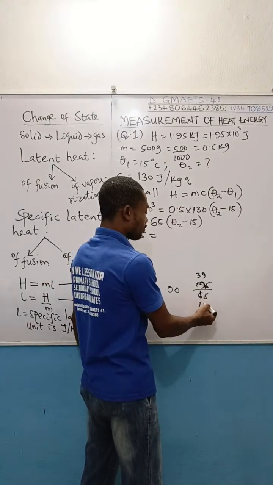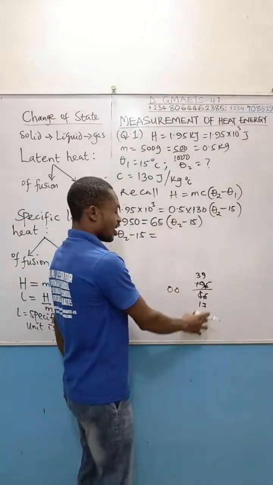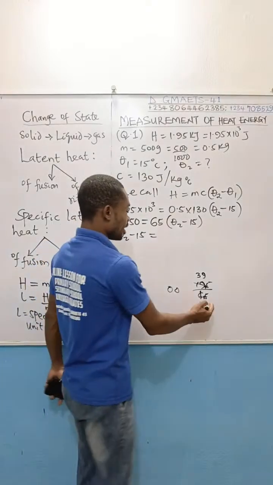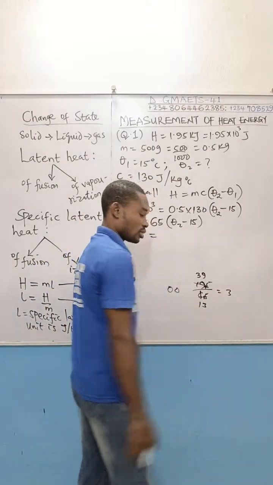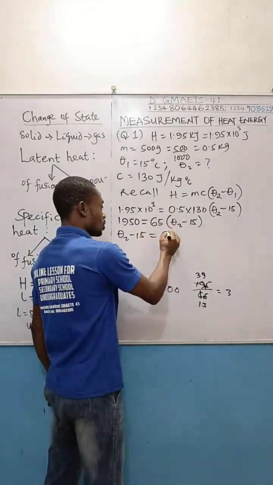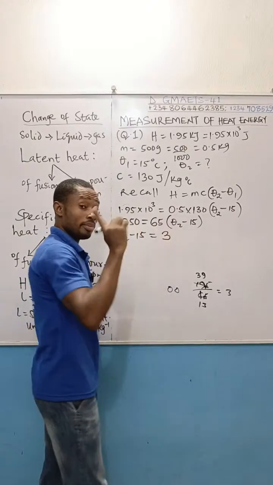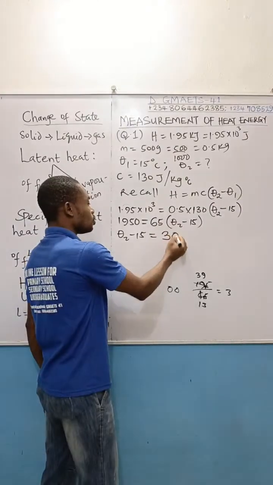Attach the 1 to 5, you get 15. 5 divides 15, you get 3. So this is 39 divided by 13, and 39 can be divided by 13 exactly to give you 3 times. So 65 can divide 195 3 times, no remainder. You are left with this 0. 0 over 65 will give you 0.